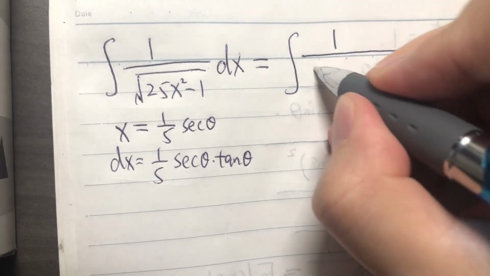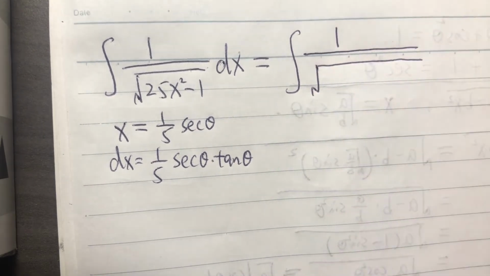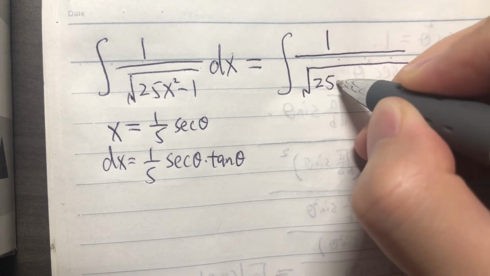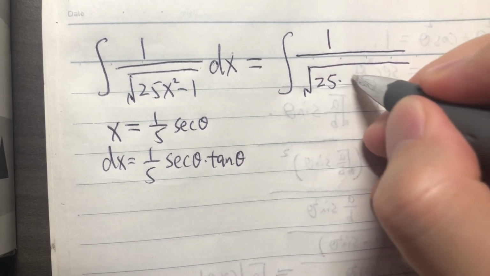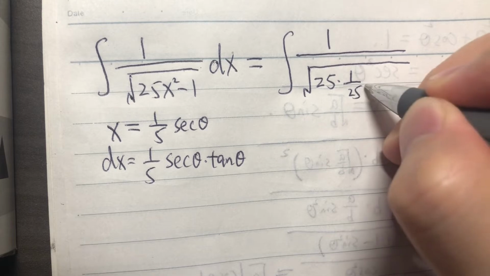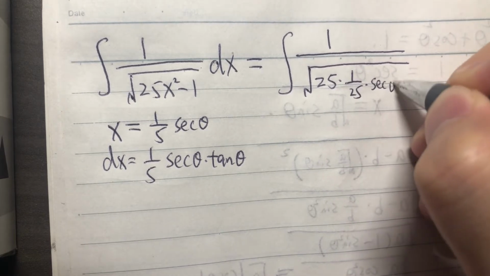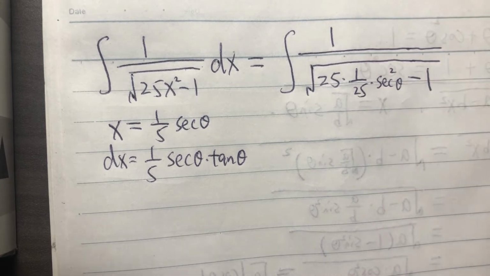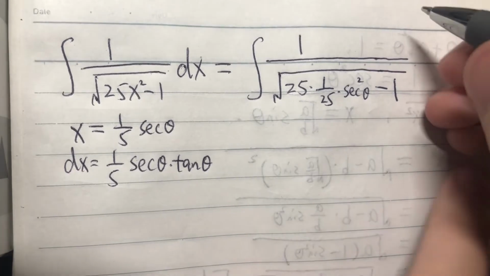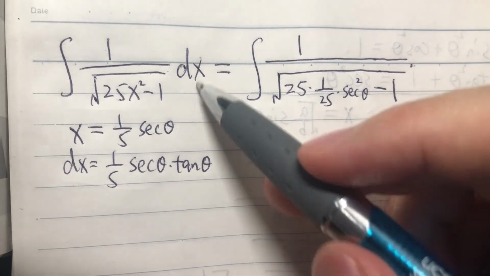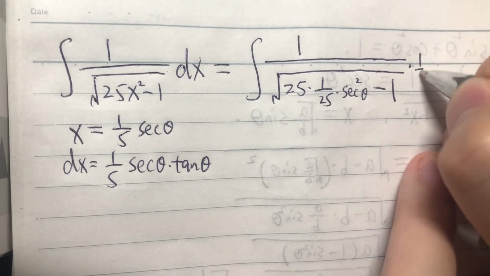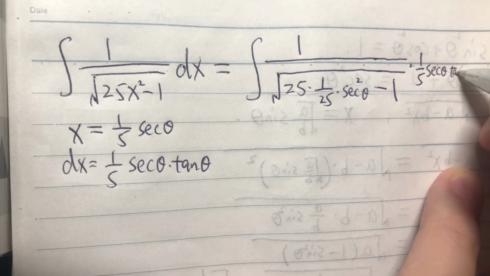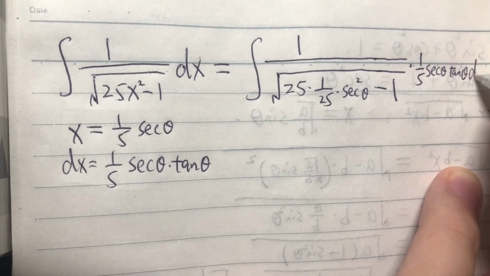Now write everything in terms of the new variable theta. This is 25 times x squared. X squared is 1/25 times secant theta squared, minus 1, times dx. Dx is 1/5 secant tangent d theta.